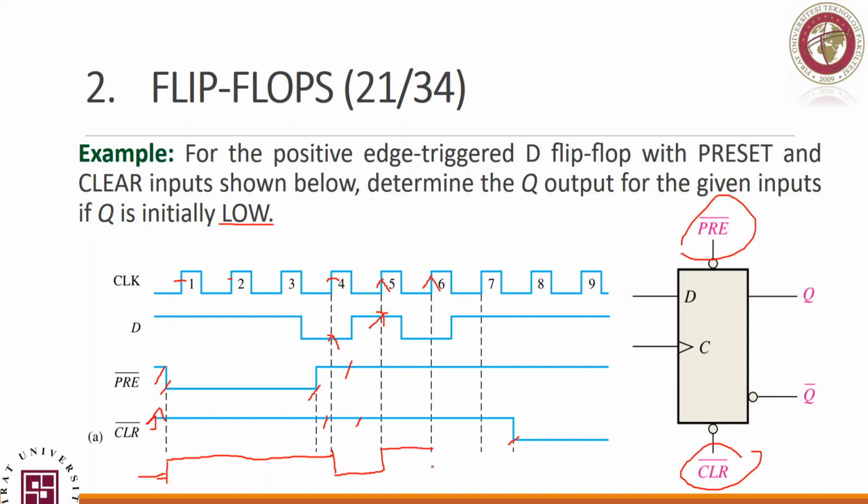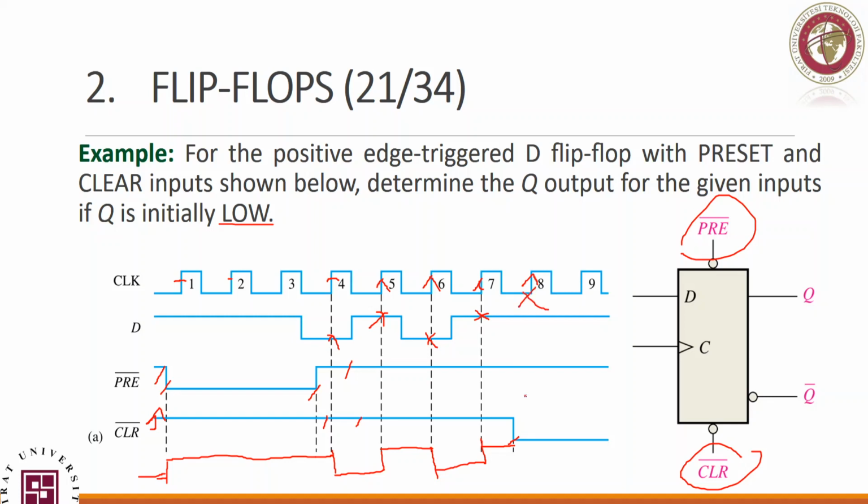At the next rising edge, D is low, so it will go low and carry on low until the next rising edge. At the next rising edge, D is high, so it will go high.